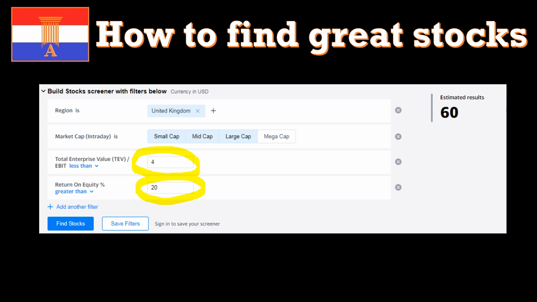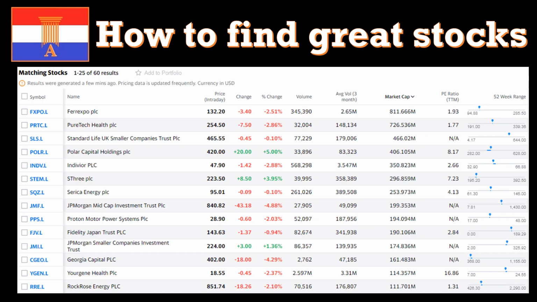So let's have a look at the list. You see the list here, and you can see the price changes, and basically a lot of nice information. Average volume 3 months, and the PE ratio trading 12 months. Something that's disappointing is that I did select 0 to 20, but I removed it, so that's why the list is a bit increased.